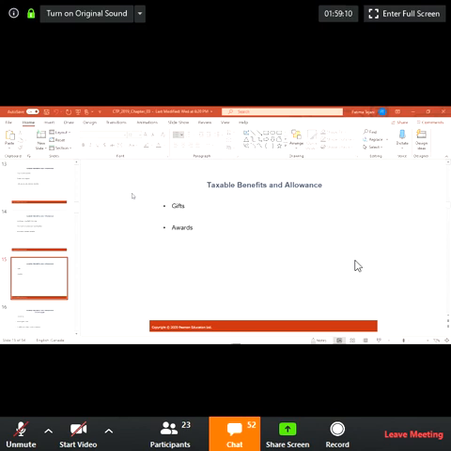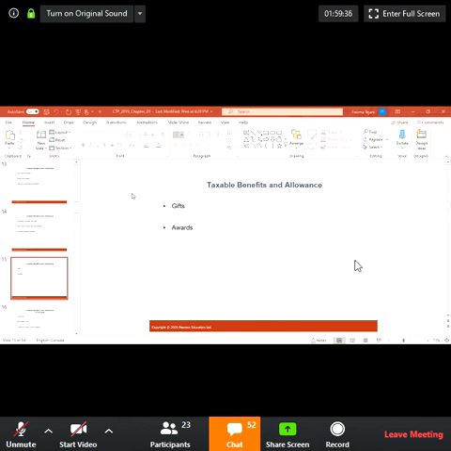Suppose you are giving $600 in non-cash gifts and awards to the employee during the year. $500 is exempted, that is not taxable. However, the extra $100 you have given will be considered a taxable benefit and will be included in your employee's income.